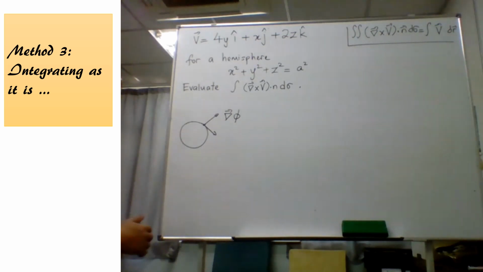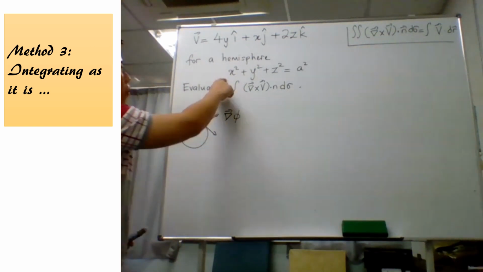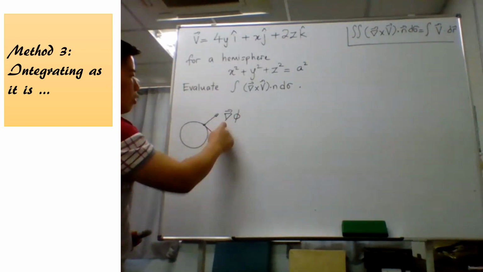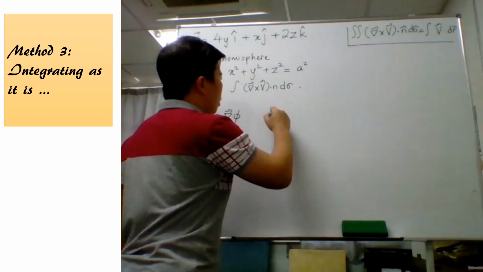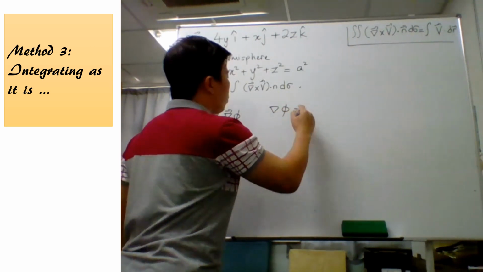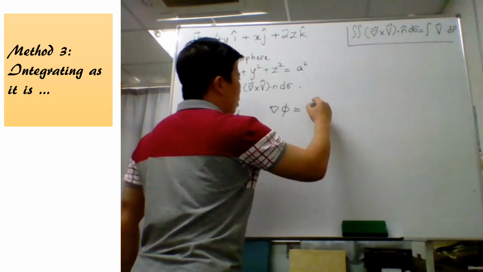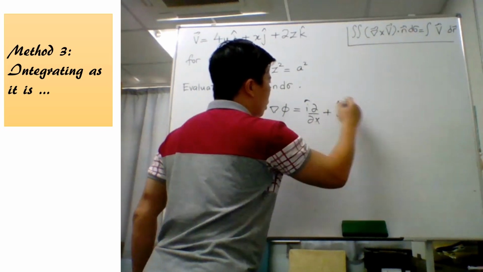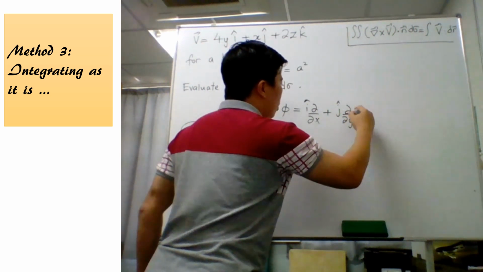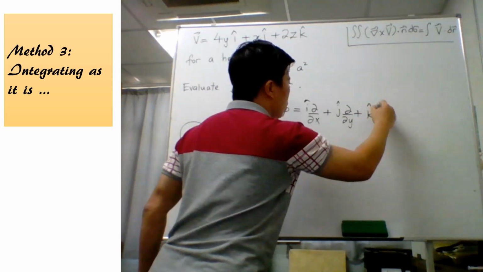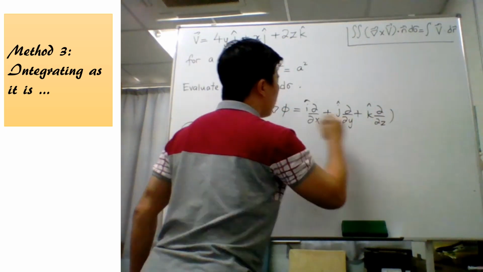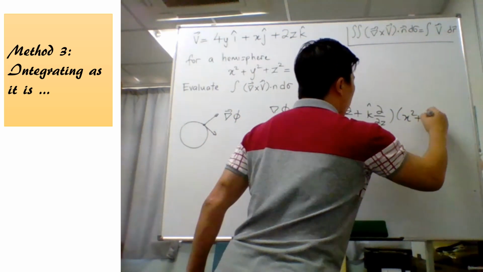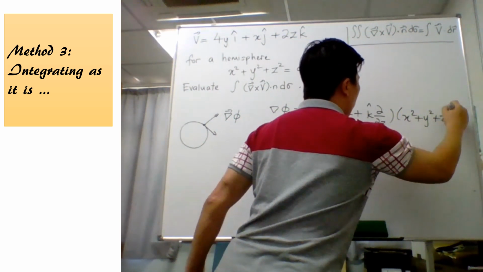So in this case, my surface is given by this expression over here, and the gradient of it is going to be i d over dx plus j partial derivative with respect to y plus k partial derivative with respect to z, applied to x squared plus y squared plus z squared.